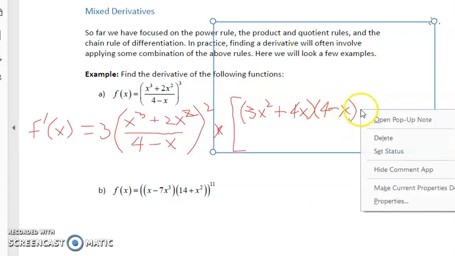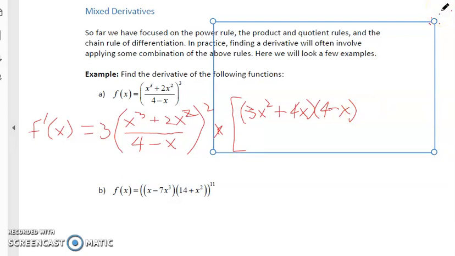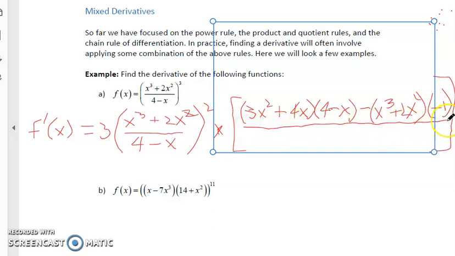And then subtract x to the power of 3 plus 2x squared, closing bracket. And now the derivative of the bottom is just what? Negative 1. So I write negative 1 there, and then another big set of closing brackets. And then that goes all over the bottom, which is 4 minus x, and all that squared.